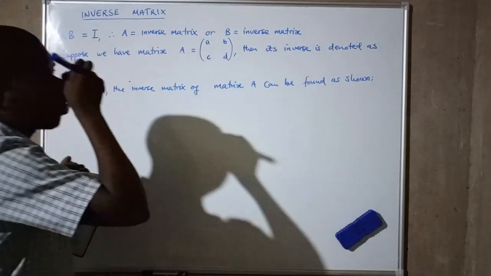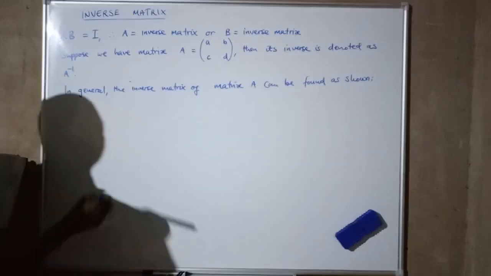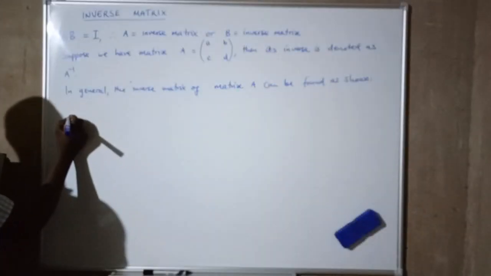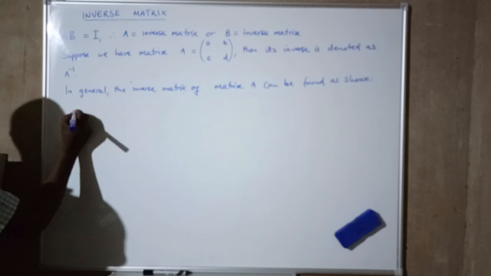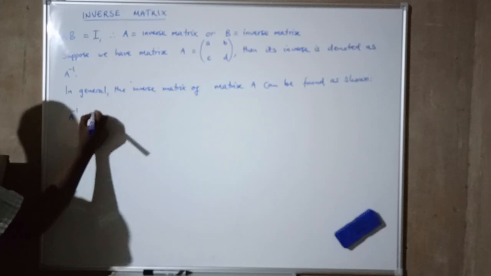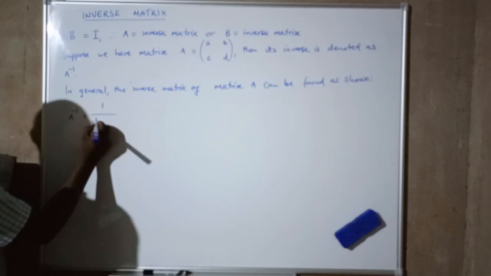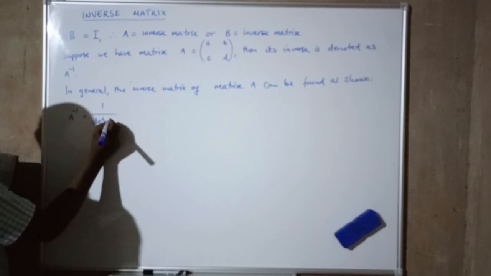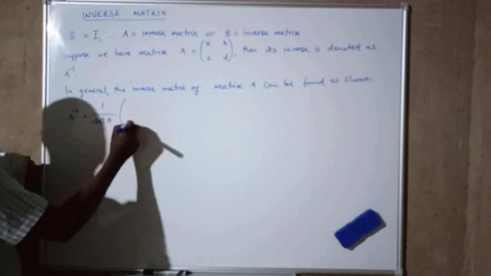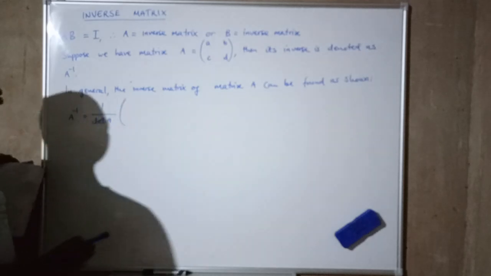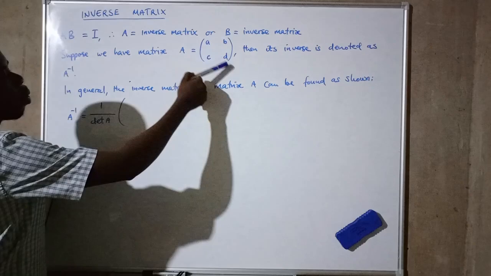So this is how we can find it. We can say the inverse of matrix A is going to be equal to 1 over the determinant of matrix A, then open brackets, we swap these elements in the major diagonal.